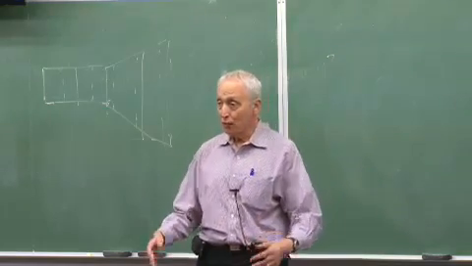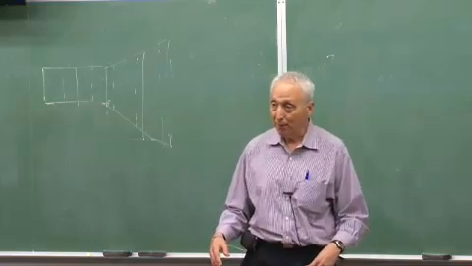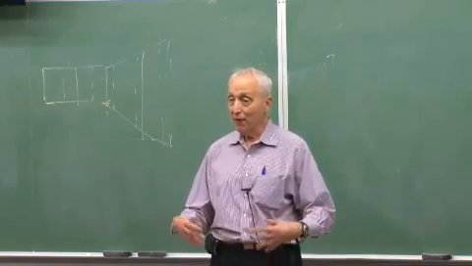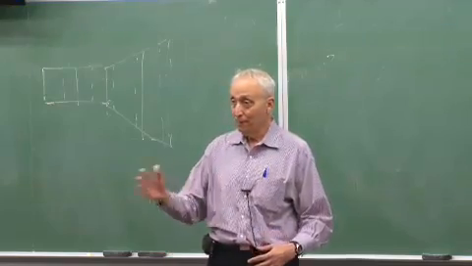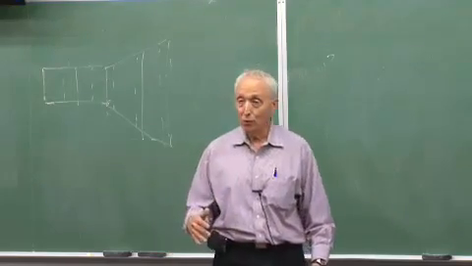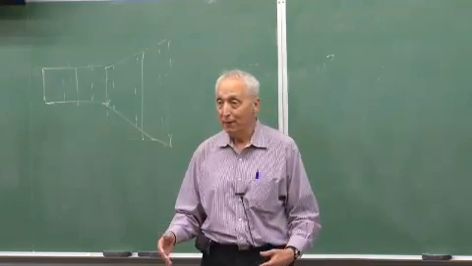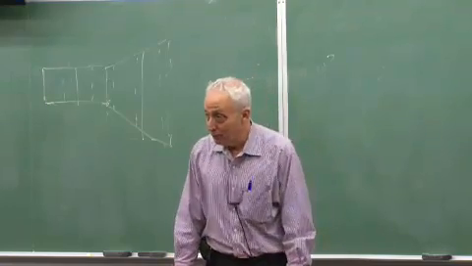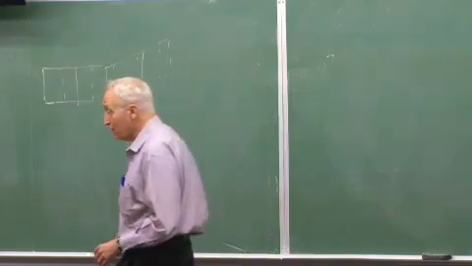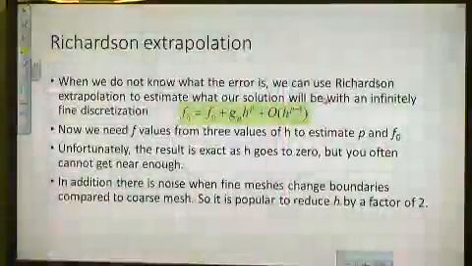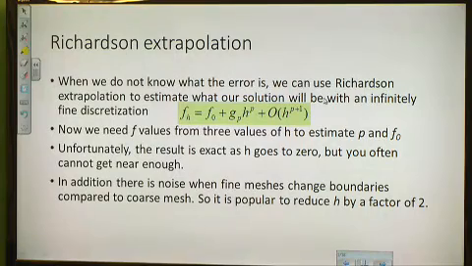In a two-dimensional problem, as we'll see from the examples, we refine the number of nodes by a factor of 4 every time we reduce h by 2. In a three-dimensional problem, you are increasing it by a factor of 8, and a lot of times we cannot afford it. So this is part of the practical problem.